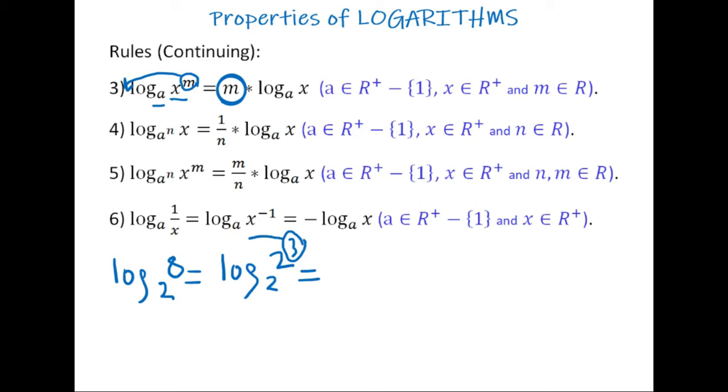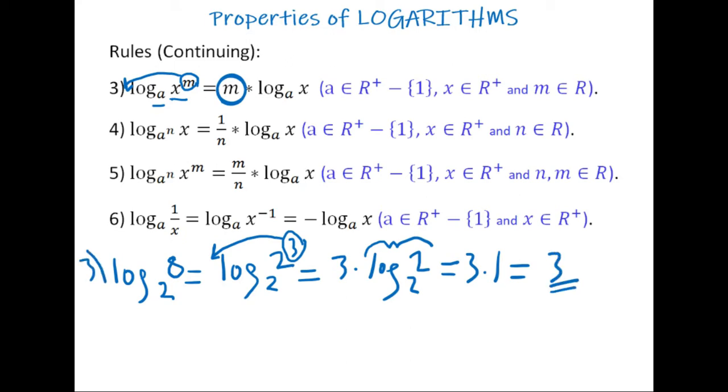And that 3 comes up front as a multiplied number. So this is going to be equal to 3 times logarithm of 2 in base 2. And as we learned in our previous videos, logarithm 2 in base 2 is 1. So this is going to be equal to 3 times 1, where the result is going to be equal to 3. This one was about the rule number 3.